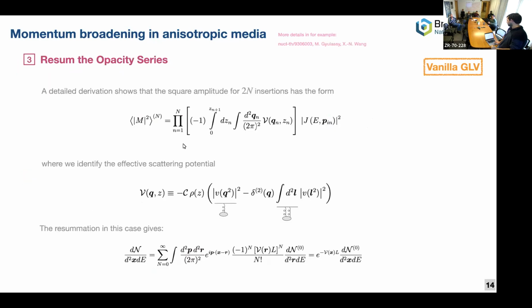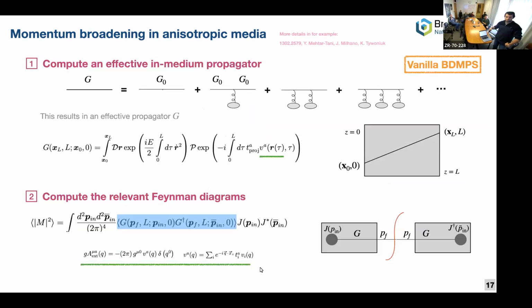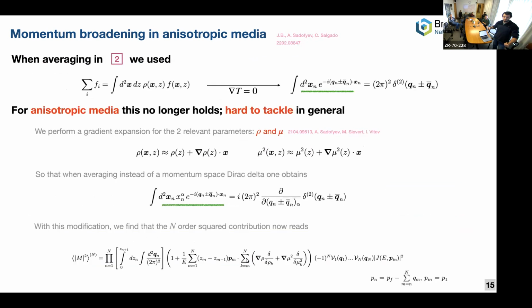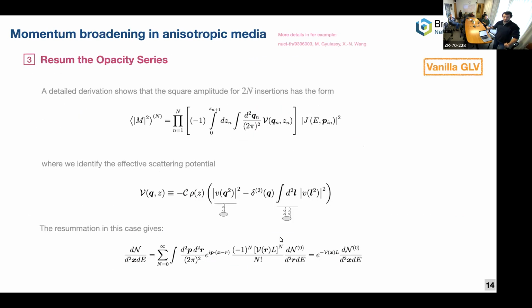In particular, what happens is that the squared average amplitude with n insertions is just a product of n factors. This is much nicer.